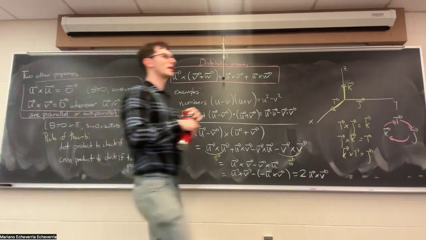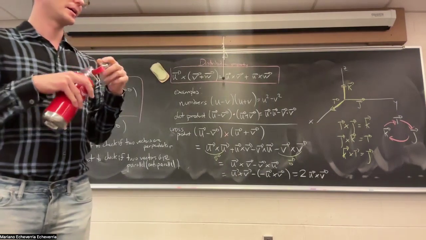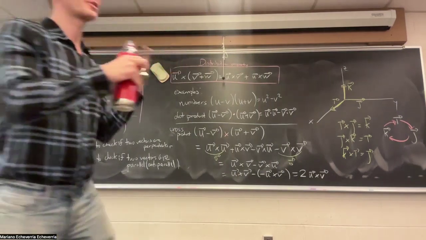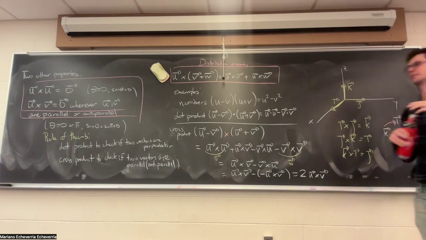Okay, so now let me start moving towards what I wanted to tell you, which is the actual formula for the cross product in terms of the entries of the vectors.